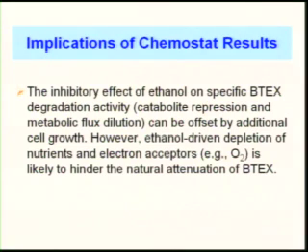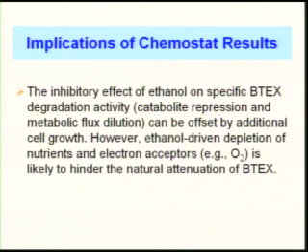Overall, it could have a positive effect on degradation in the overall population if you had unlimited supply of oxygen or unlimited supply of nutrients. So what I'm saying is that the inhibitory effect of ethanol on specific degradation activity, like catabolite repression or the dilution of the metabolic flux, can be offset by additional cell growth.